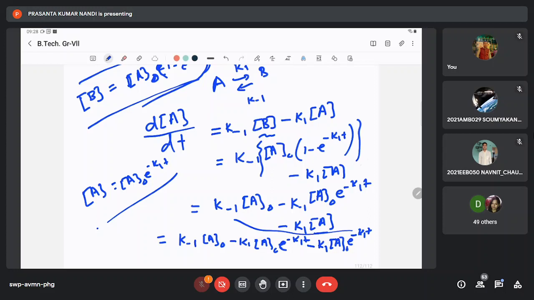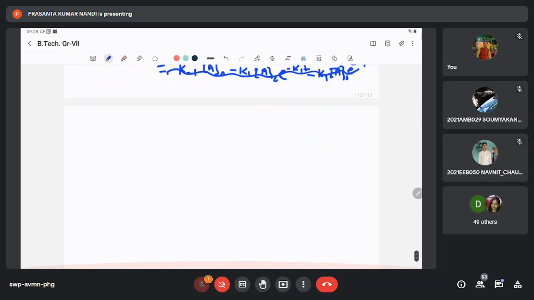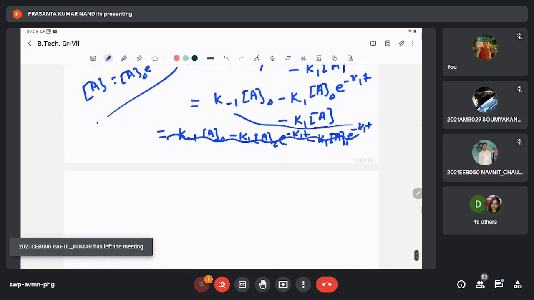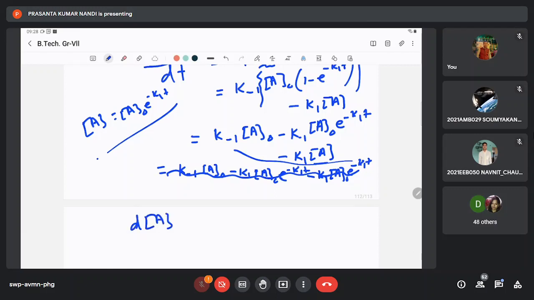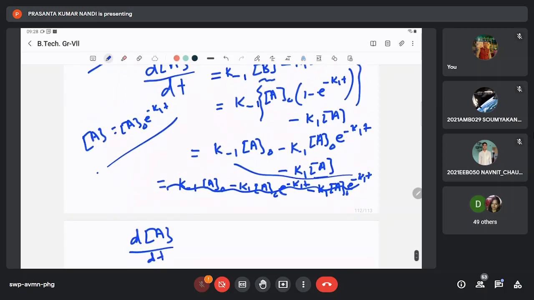Or you can simplify. Instead of that, you can simply write dA dt equal to k minus 1 A zero minus k1a.